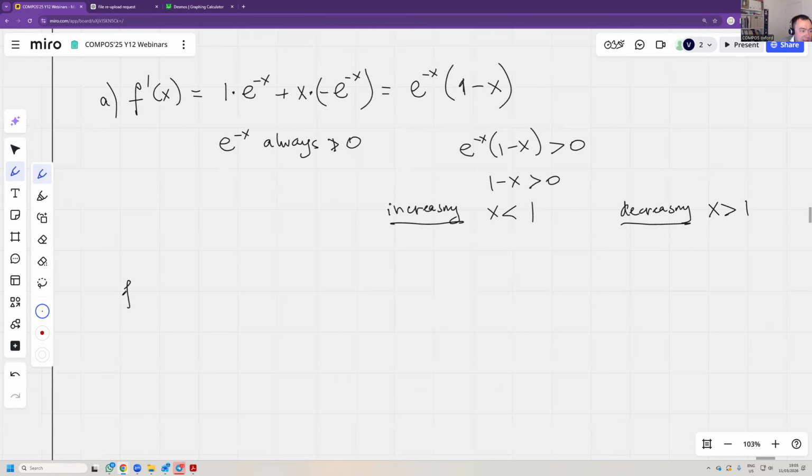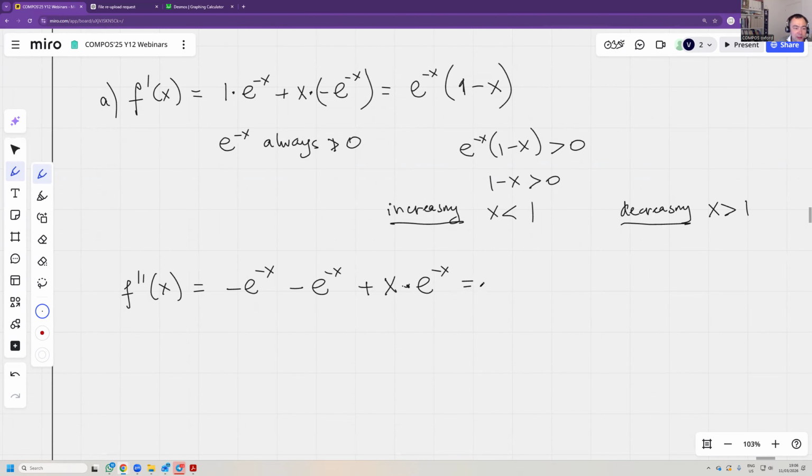And then you can find the second derivative, and that's going to be minus e to the power minus x minus e to the power minus x plus x multiplied by e to the power minus x.